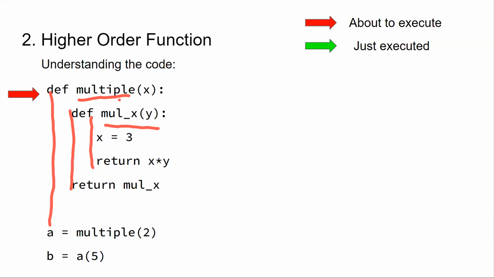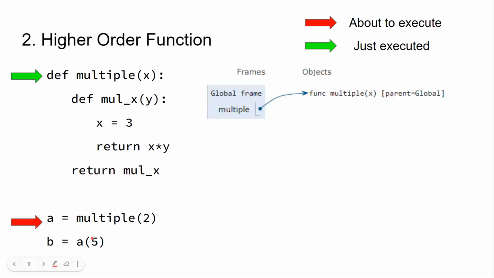So we recognize that def multiple x is a function definition, and that's it. We don't call the function, we skip the whole function definition, and then we hit the A. We are about to execute A equals multiple 2.